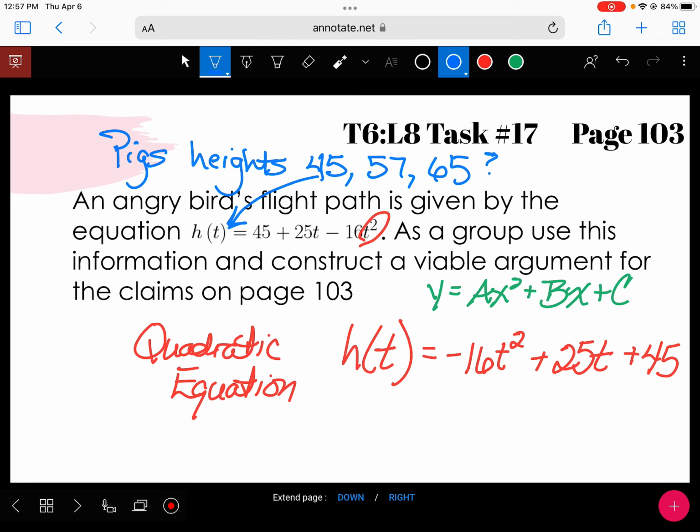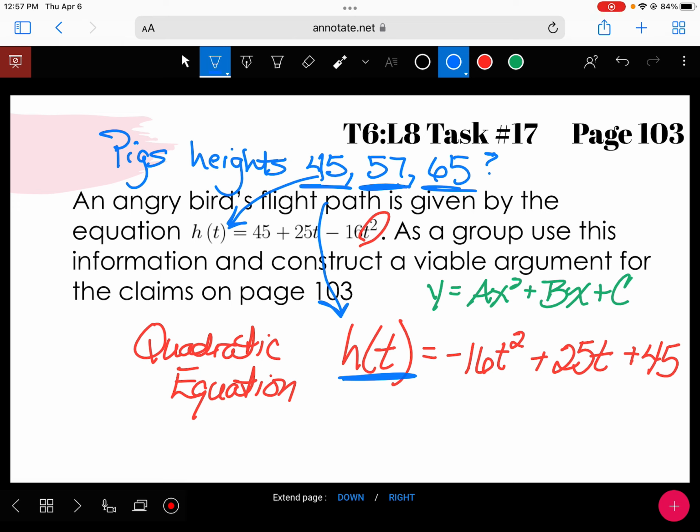So basically, I want you and your group to do 3 different problems. One where you put 45 here for the height, and you're going to try to figure out, can we hit these pigs at those heights? One where you use the height of 57, and one where you use a height of 65.